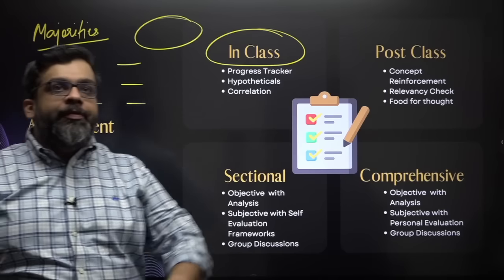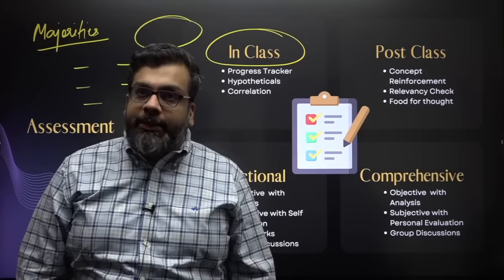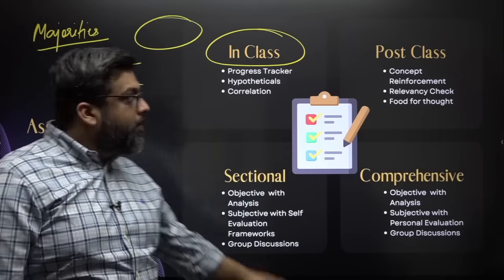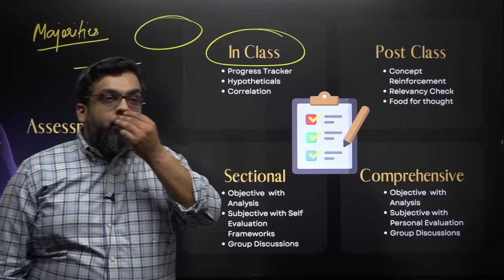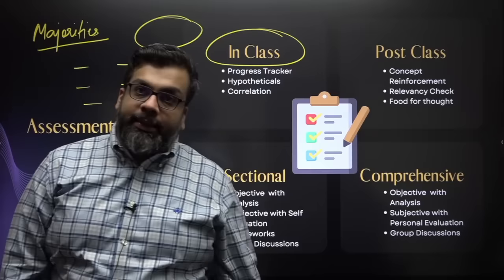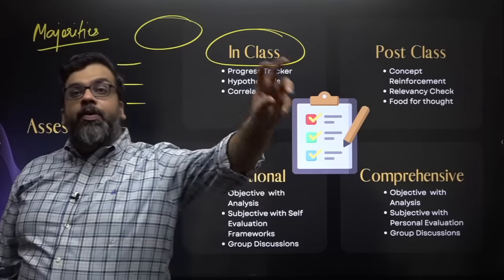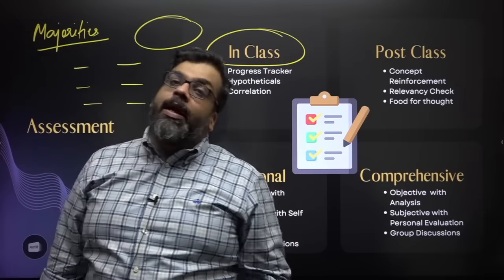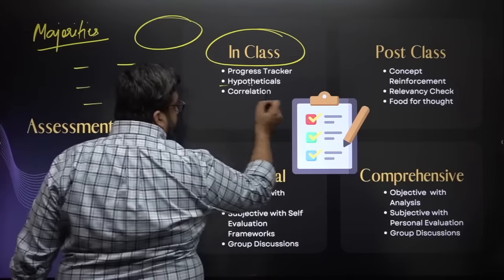For example, if we need to have Article 21 be right to health, we already have right to education. What kind of majority do you think we should be using? What if we want to abolish GST altogether? What kind of majority would we be using? What if we want to shift the Supreme Court from Delhi to Bombay? What kind of majority would we be using? Hypotheticals, getting you out of your comfort zone.